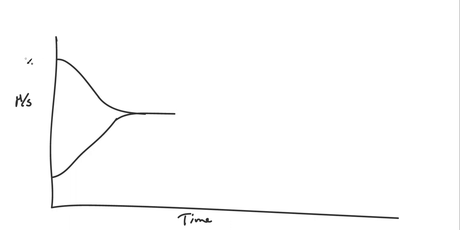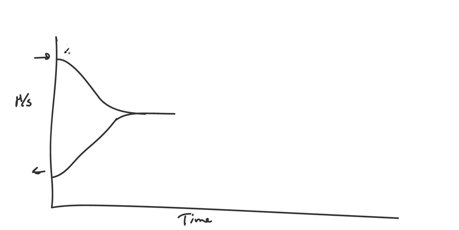So let's go back to our reaction rate, molarity per second, and our time. We've got our forward reaction starts going down. Our reverse reaction starts going up until they reach equilibrium. We'll call this forward, we'll call that reverse. Now, what happens if we suddenly add more reactants?